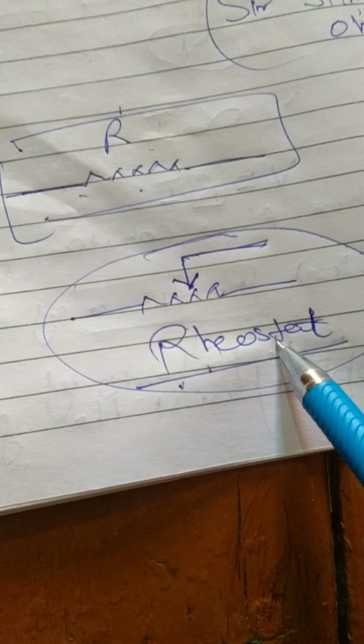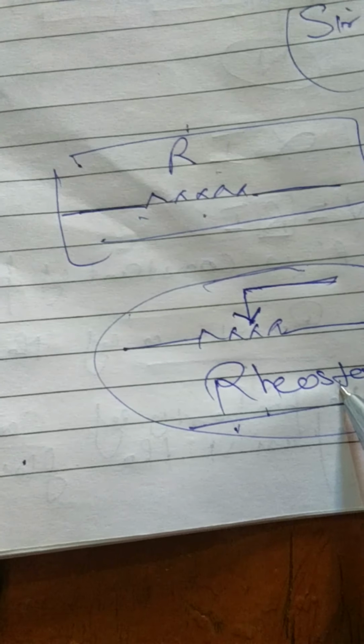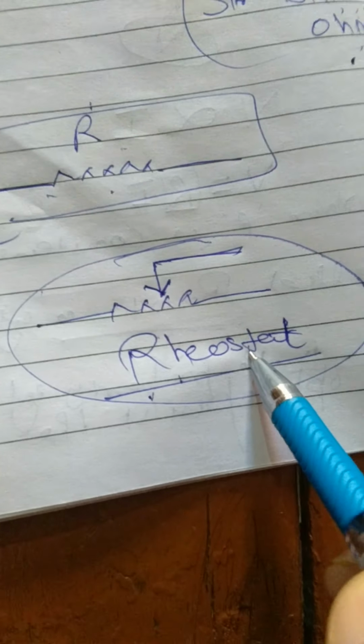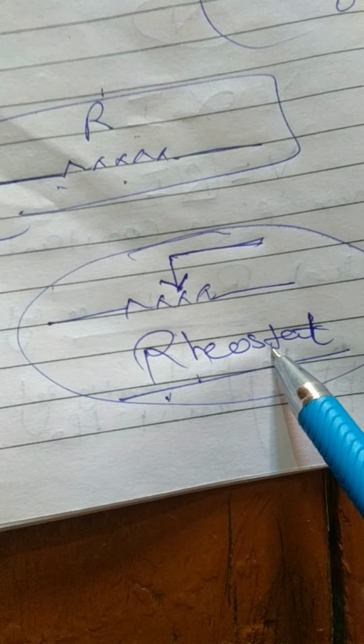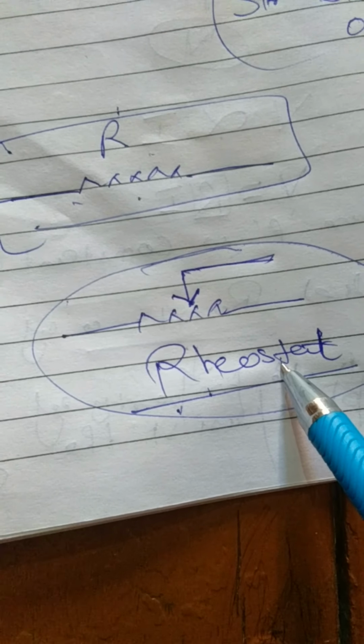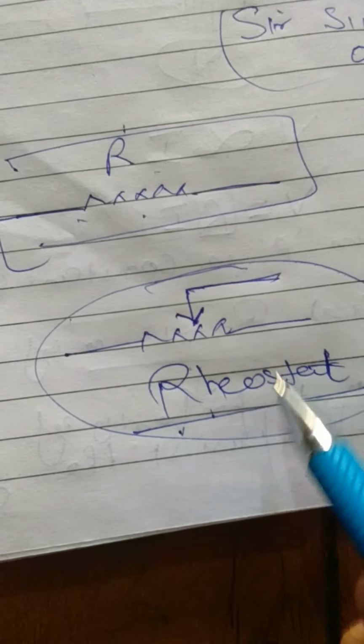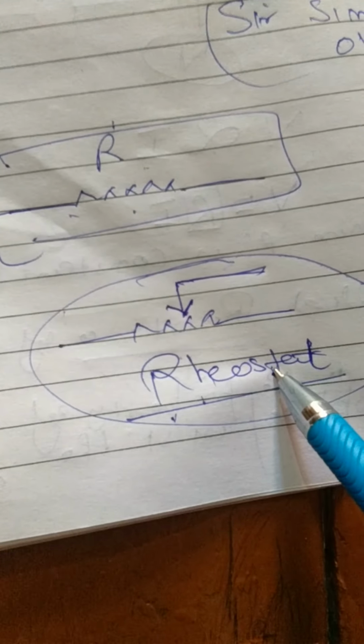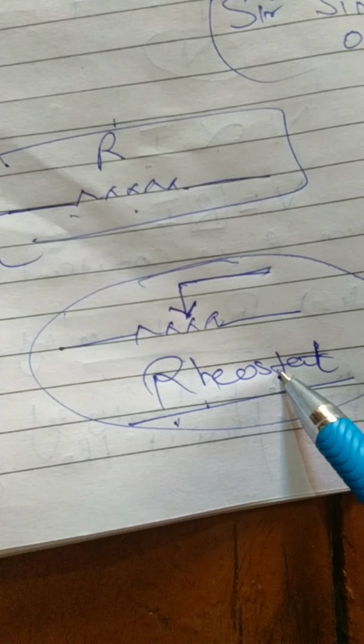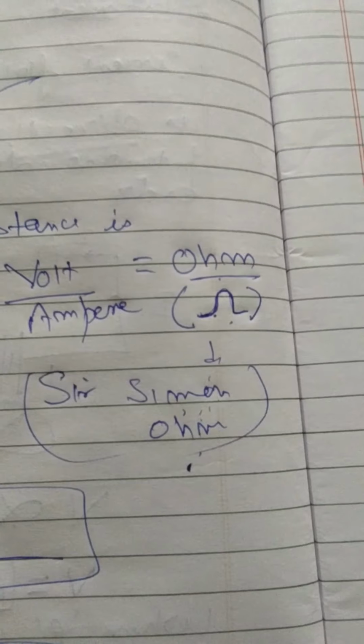Okay beta, a component used to regulate current without changing the voltage is called variable resistance. ठीक है, और किसी भी इलेक्ट्रिक सर्किट के अंदर ये रियोस्टेट जो है वो यूज़ किया जाता है as a variable resistance, which is used to regulate the current without changing the voltage.